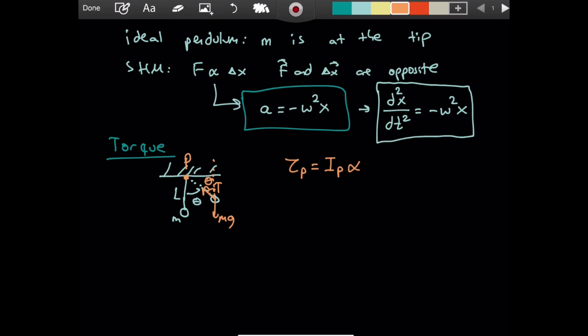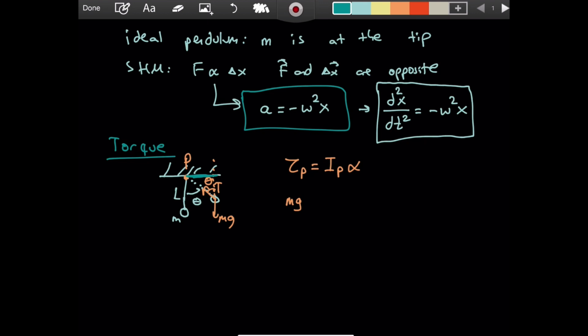So the torque relative to P is, you're going to have mg times the moment arm. Moment arm is the length that is perpendicular to the direction of the force. So this is the direction of the force, and this is the moment arm.